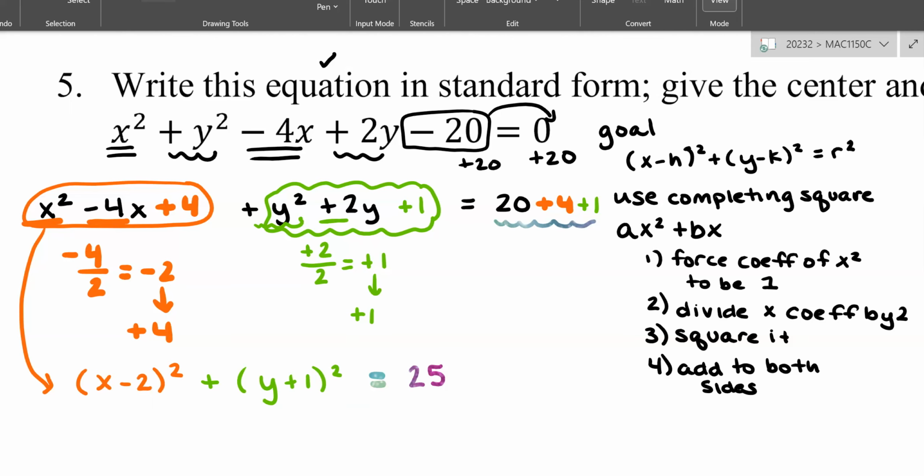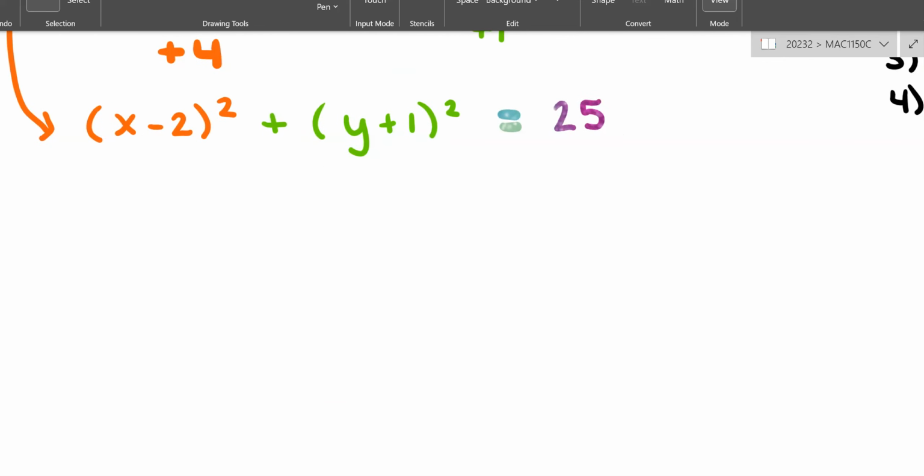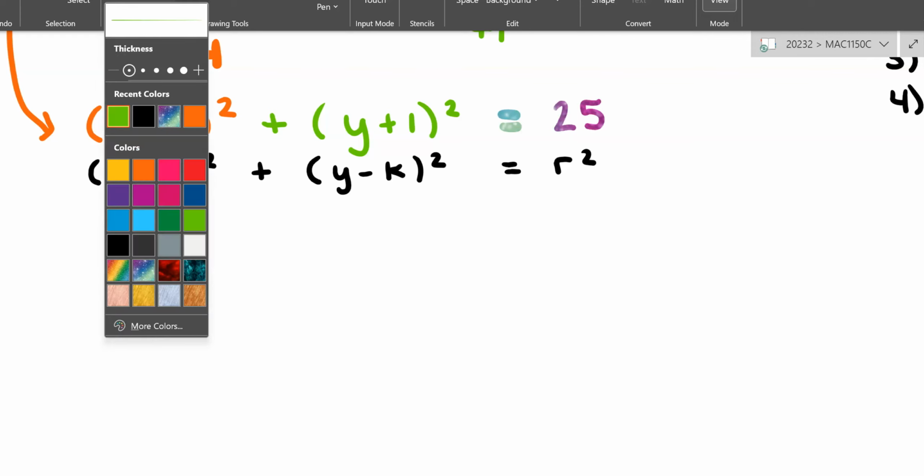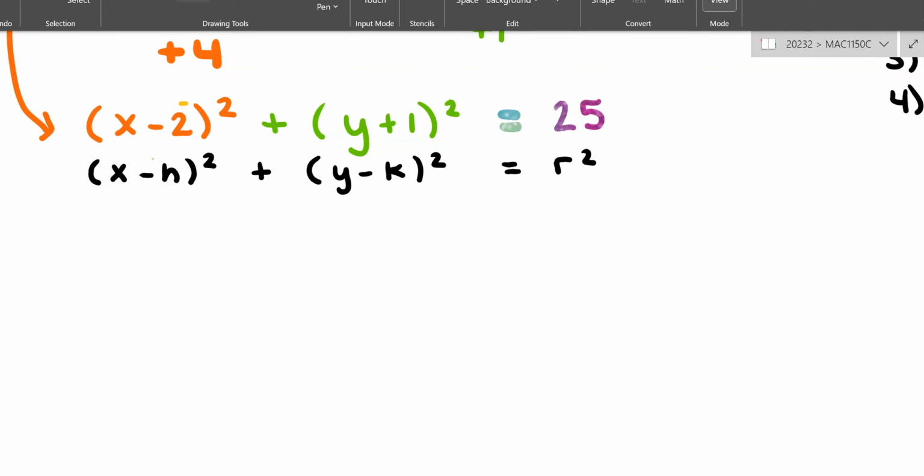Okay, now on top of that, we need to use this to find the center and the radius. So remember, we're going to line it up with the formula. And I'm going to make 3 equations. So here, negative h has to equal negative 2. So to get h alone, I'm dividing by negative 1. So h equals positive 2.